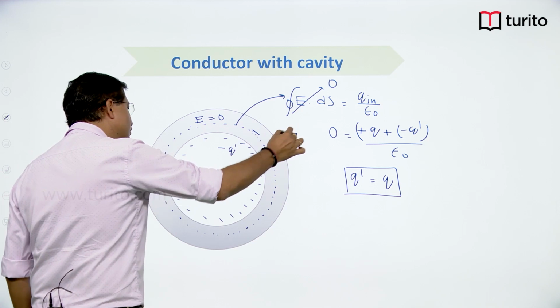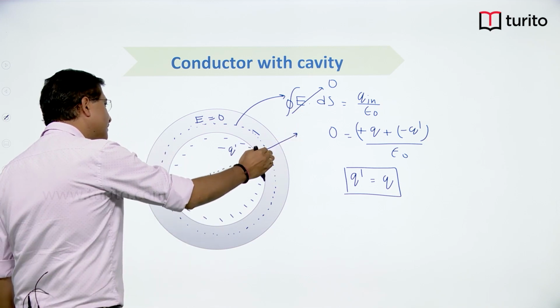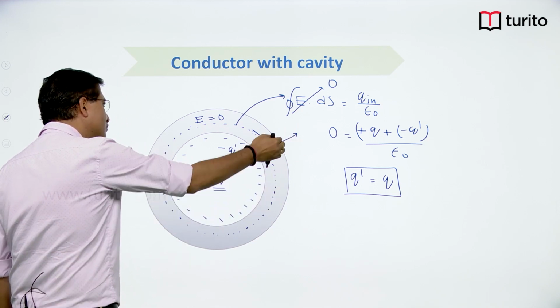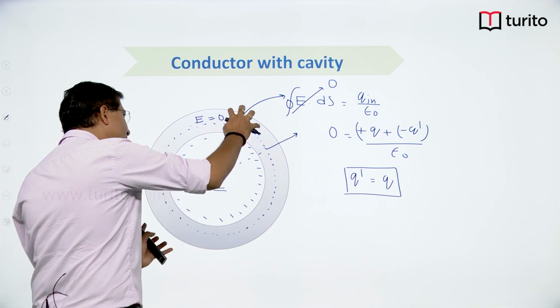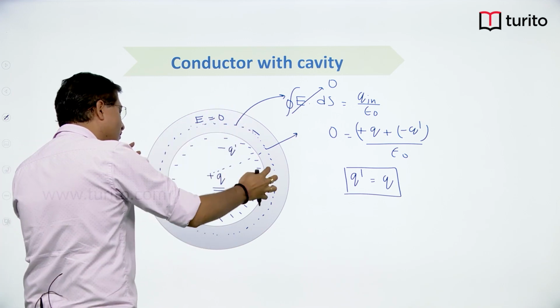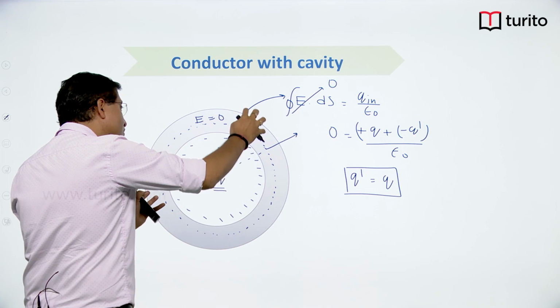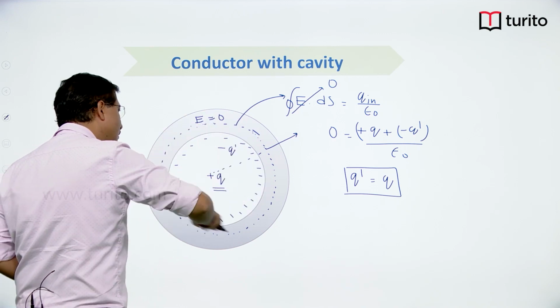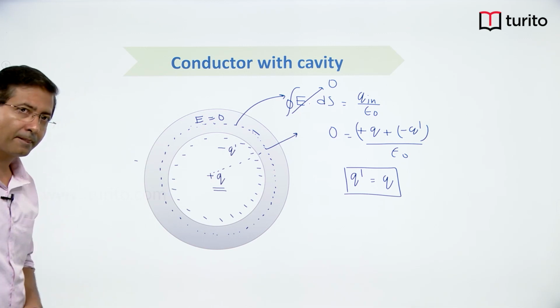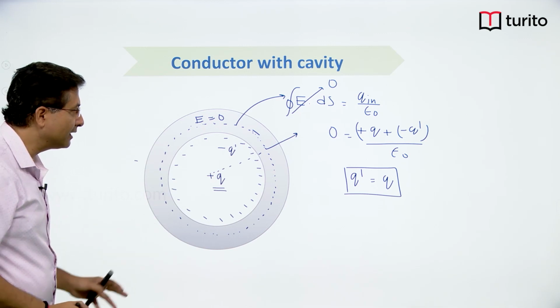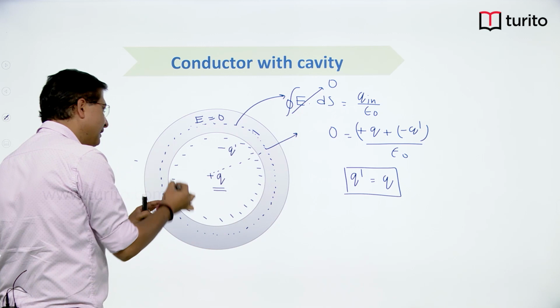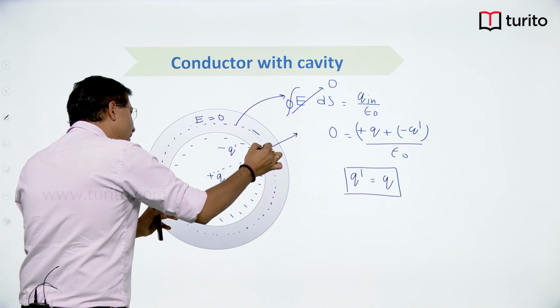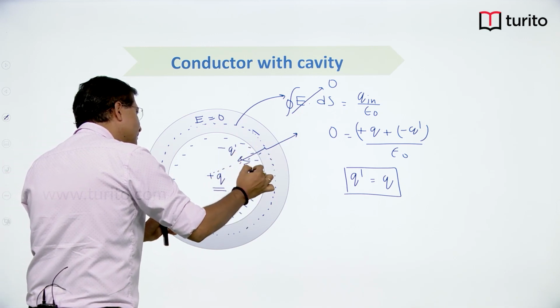As field comes into picture, immediately there is a drifting of electrons opposite to the field. So those electrons start drifting towards the wall of cavity, and they keep drifting till they produce the field here in opposite direction.